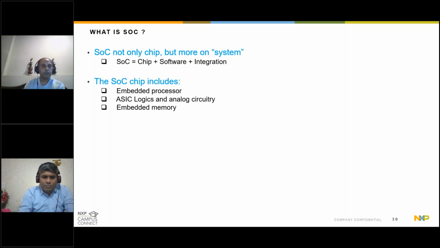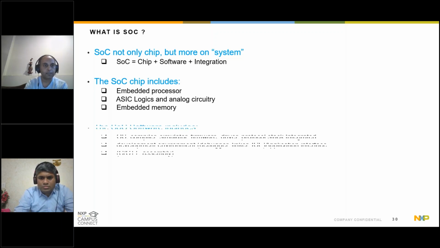It will have quite a bit of analog circuitry to enable on-chip clocking, and analog to digital world conversions and those kinds of things. It will also have embedded memory, where you can temporarily load the data from the external world, do some processing, and then bring the data out of the chip again.